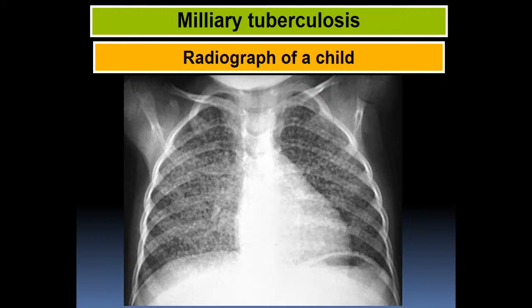On X-ray in miliary tuberculosis, we can see a symptom of dissemination, and we can see many small focal shadows. What is characteristic of these shadows? First of all, the shadows are the same in density, because this form of TB is a generalized form as a result of hematogenous dissemination.